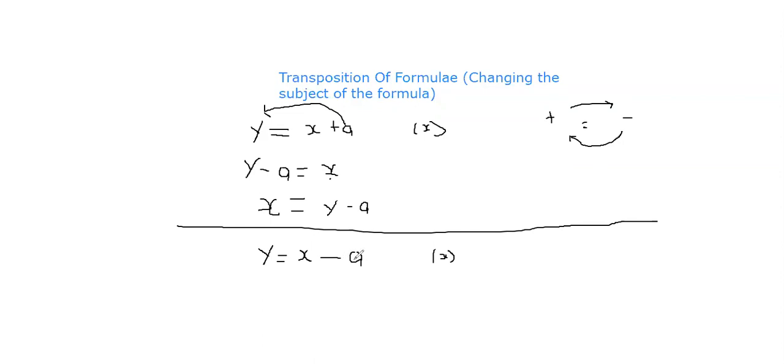Here it is subtracting, so negative A. When we take it over, it becomes a positive. So X is equal to Y plus A.